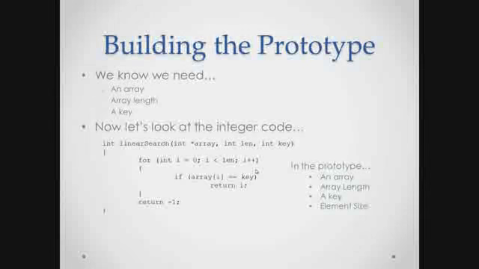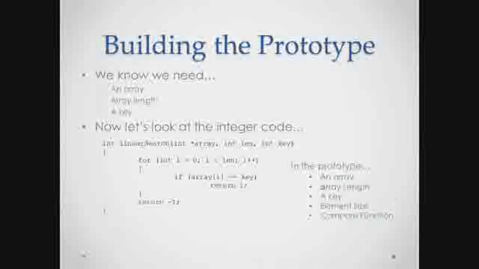We could do a memcmp, but that's not perfect because let's say that the caller passes in an array of fraction structs and their key is 1/2, but inside of their array they have a fraction that's 8/16. Well, you and I both know that 1/2 and 8/16 are equal, but memcmp doesn't. So that's why we're going to have the caller pass in their own compare function.